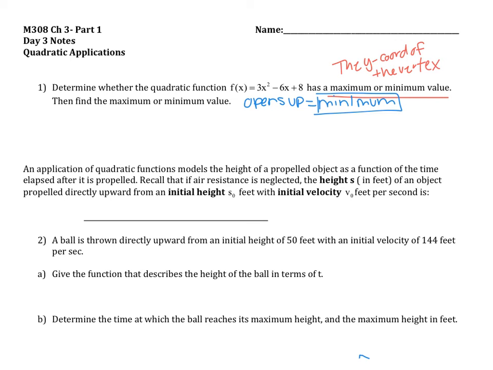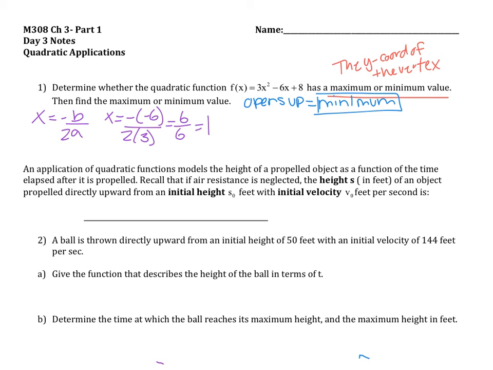Our second task is to now find the actual vertex of this. So for that, we're going to use our standard form formula. I'm going to do x equals negative b over 2a. So in this problem, x equals negative times negative 6 over 2 times 3. 6 over 6 is going to give me 1 for my x-coordinate.